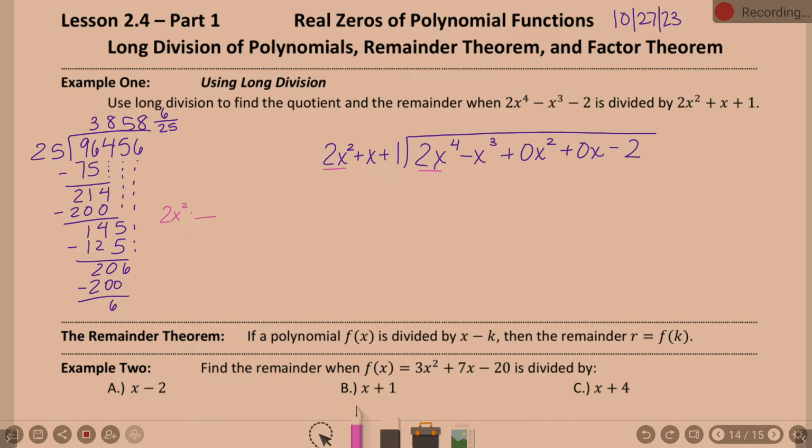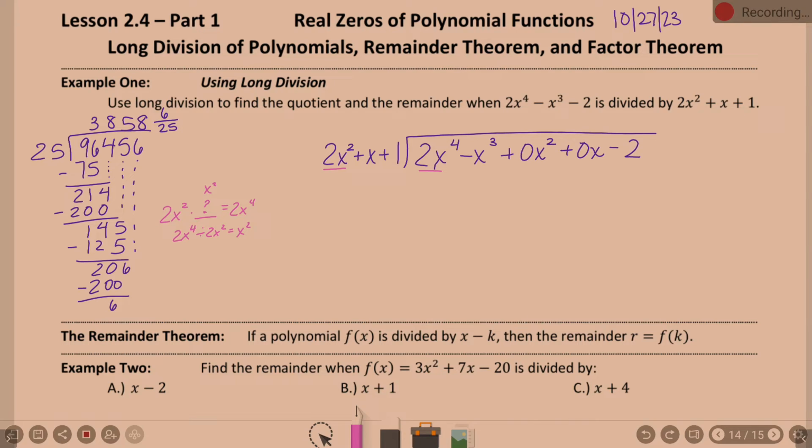It should be x squared. If your brain's not clicking there, just divide them. What is 2x to the 4th divided by 2x squared? And that is x squared, yes?